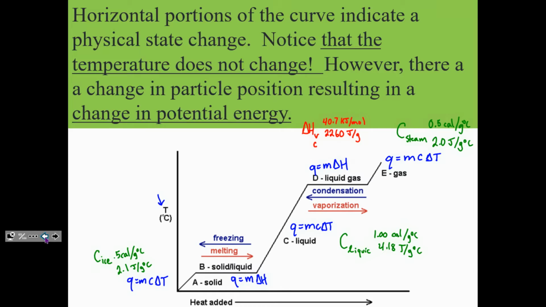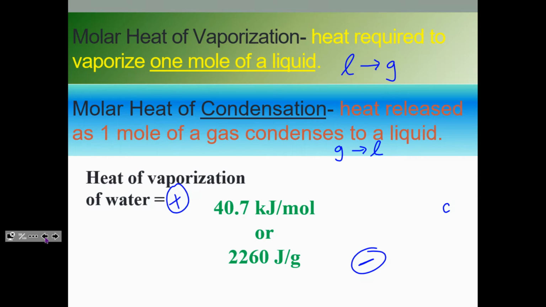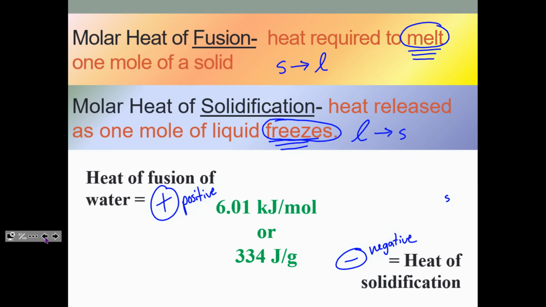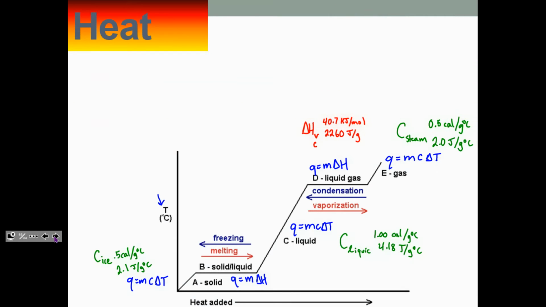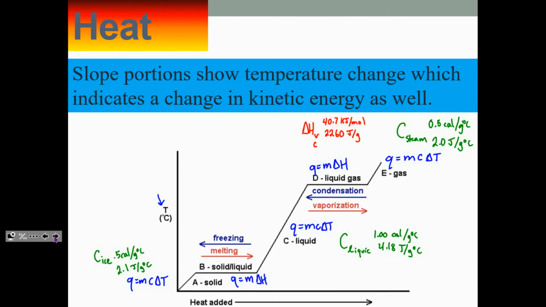And then I'm going to go back real quick, catch this value that I missed. The delta H for freezing, or the delta H for melting, is 6.01 kilojoules per mole, or 334 joules per gram. Okay. In the next video, we're going to work through some examples using this heating and cooling curve.